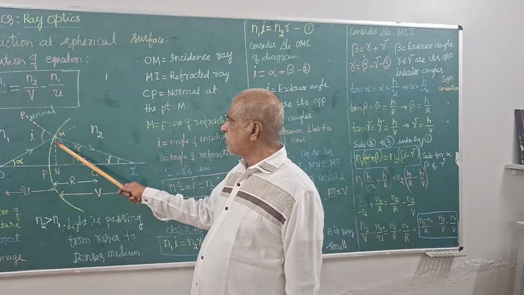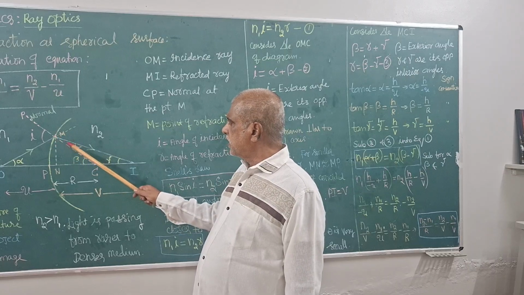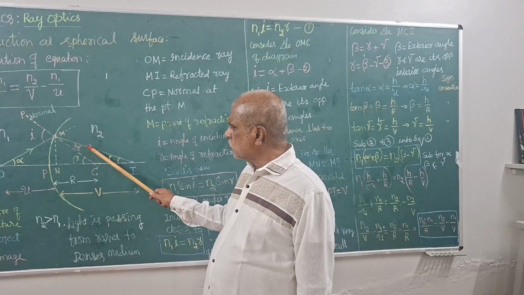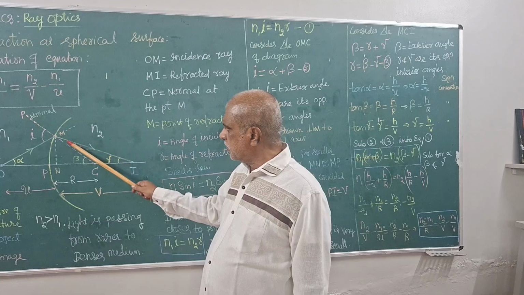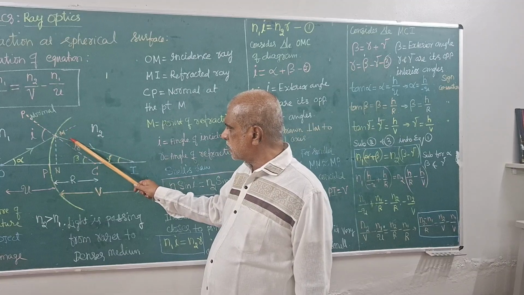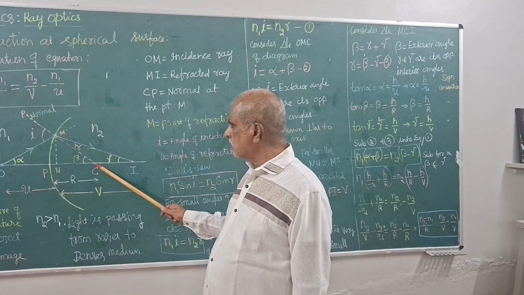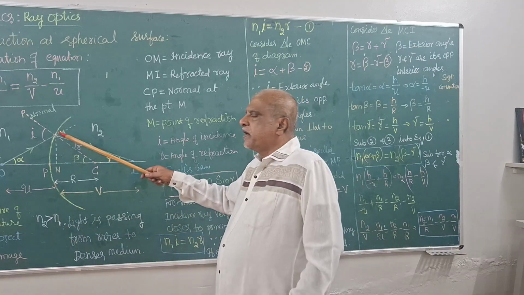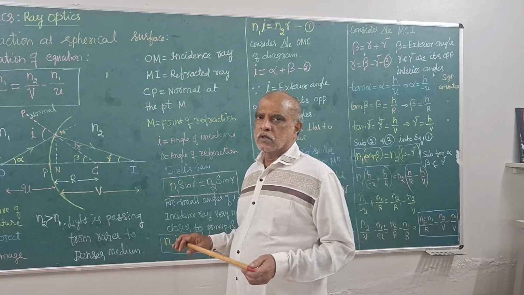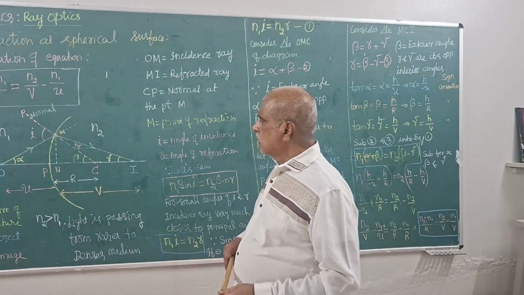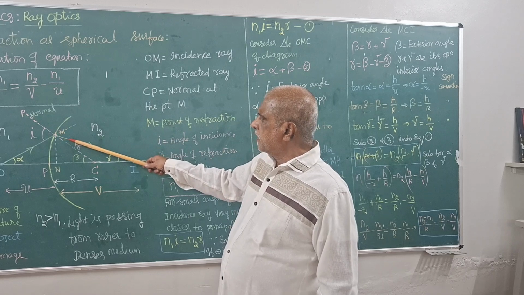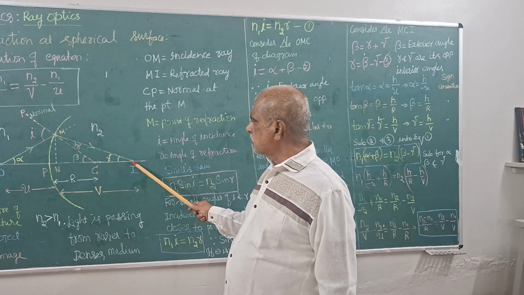After the refraction, the ray is bending towards the normal, with an angle of deviation here. This bending results in converging of the ray to a point on the principal axis.